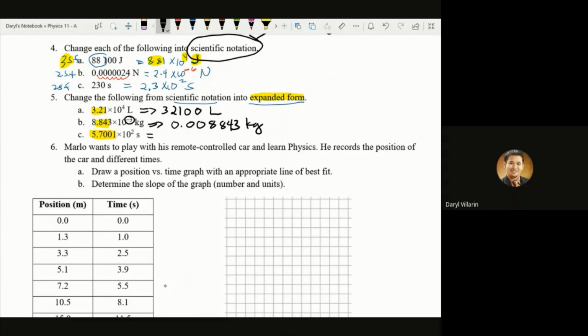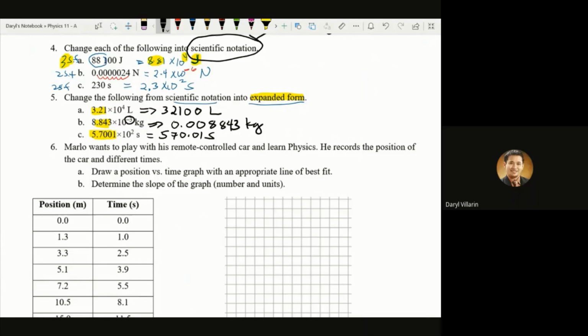And then for the last one, this has 5 significant digits, to the power of 2. This is 170.01 seconds. Okay. So that should be the answer.